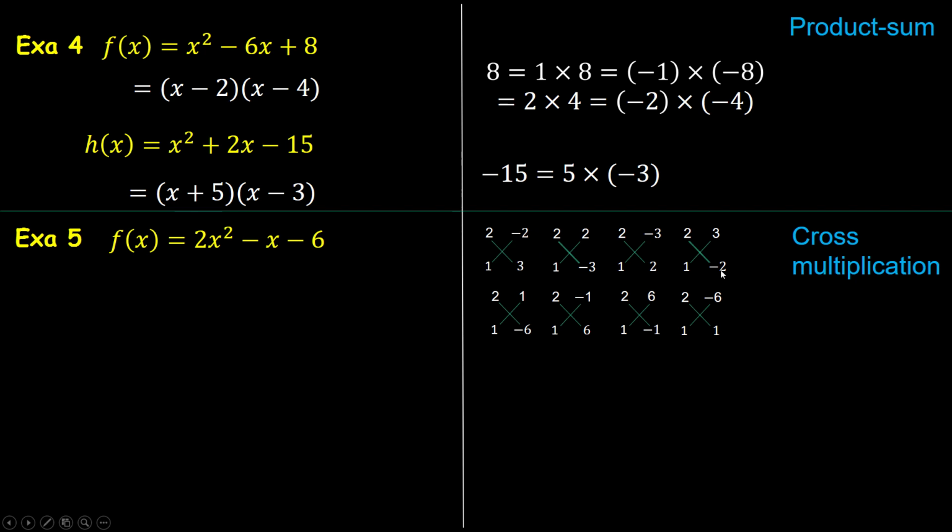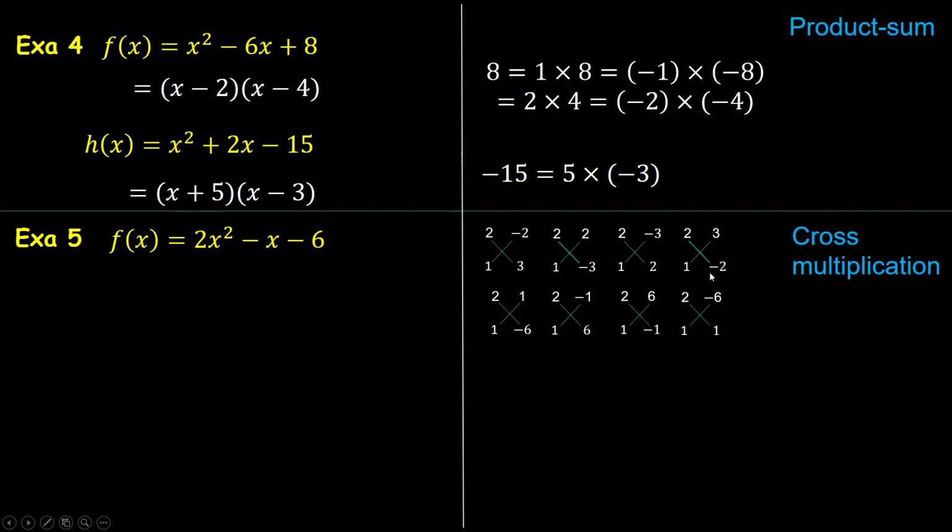So I'm going to just pick 2 and 1 here. Now for minus 6, you could have 1, 6 or 2, 3. Okay? So here we have all the 2, 3 cases. It could be minus 2 and 3, or 2 and minus 3, or you could put a minus 3 and a 2, and 3 and minus 2.